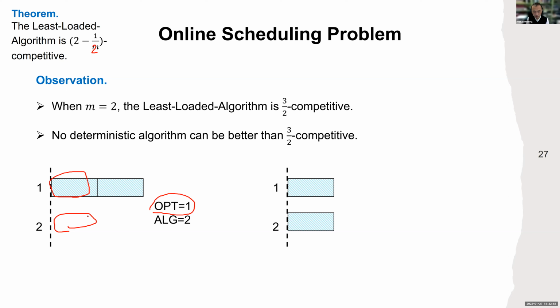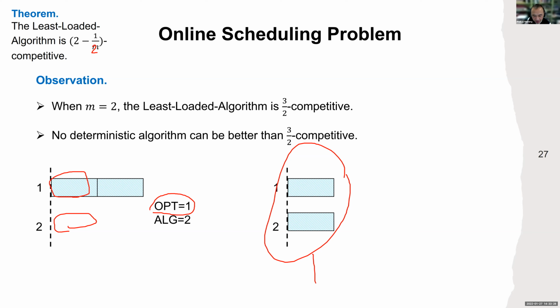But the algorithm, your cost, your processing time is 2, right? So when the algorithm allocates 2 jobs on one machine, the adversary says, done, no more jobs. And then your algorithm suffers 2, but optimal should evenly allocate them to 2 machines, right?